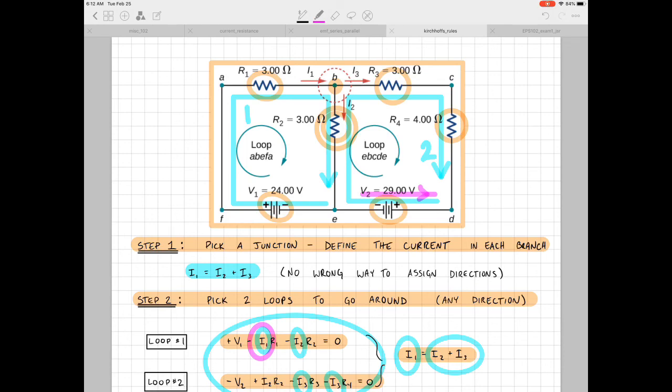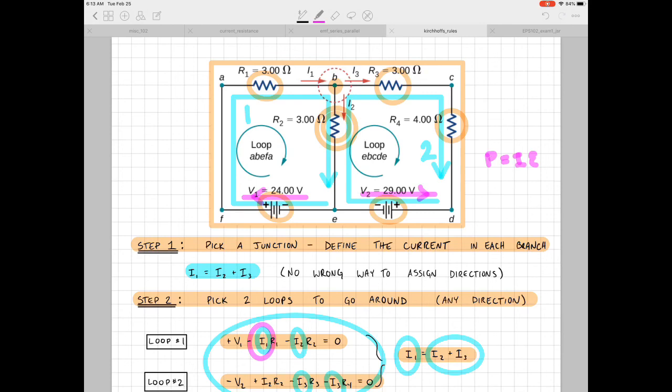So you will get that both battery 1 and battery 2 generate power, and that power would be equal to, for the battery, I times really the EMF, but in this case, the voltage value given.